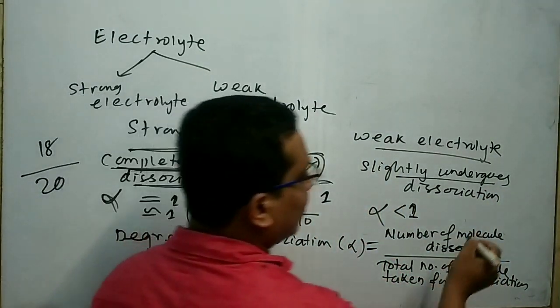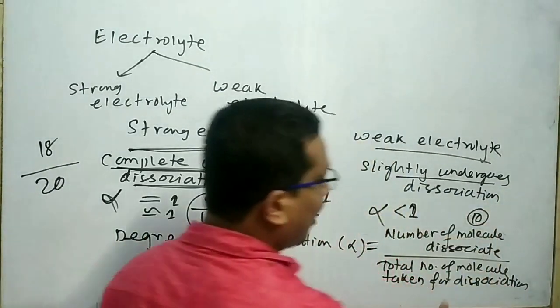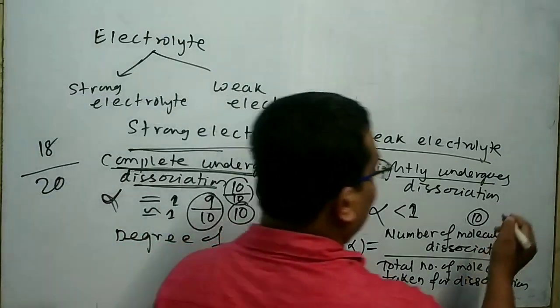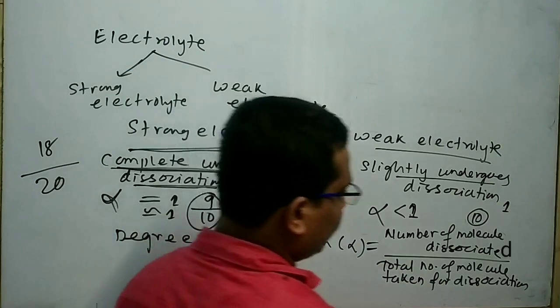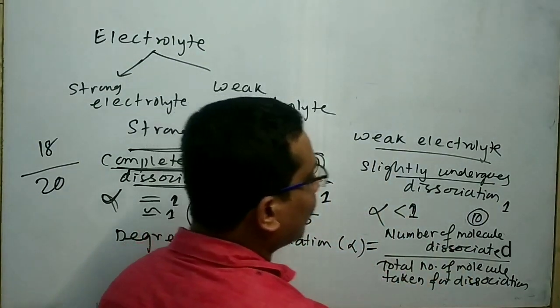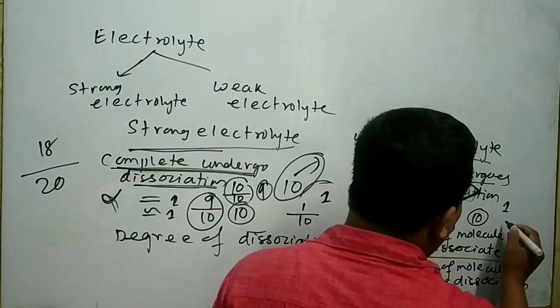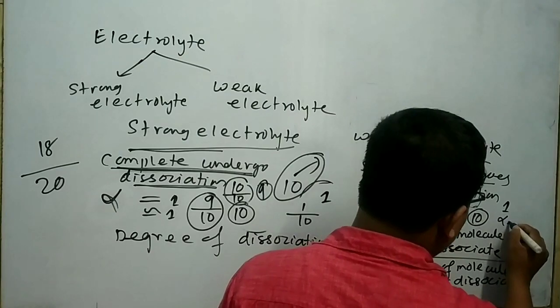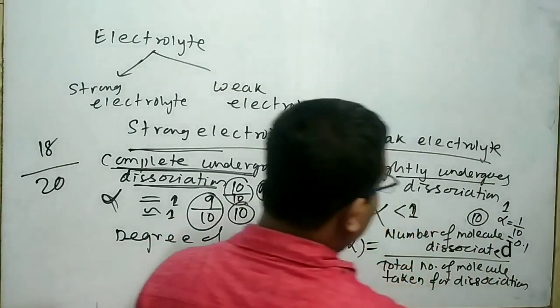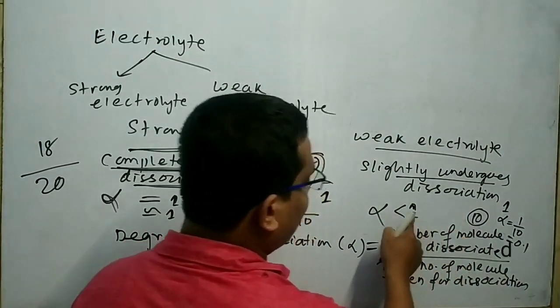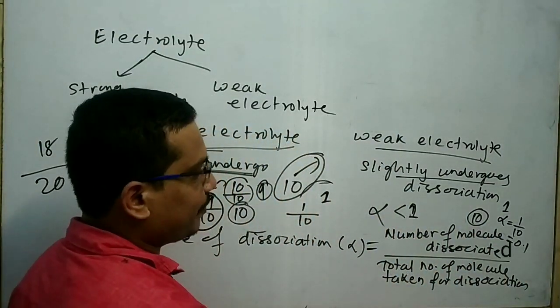But in a weak electrolyte, the electrolyte undergoes slight dissociation. If you take 10 molecules, only 1 or 2 or 3 molecules undergo dissociation. If 1 molecule dissociates, the degree of dissociation is 1 by 10, that is 0.1, which is very small compared to 1.